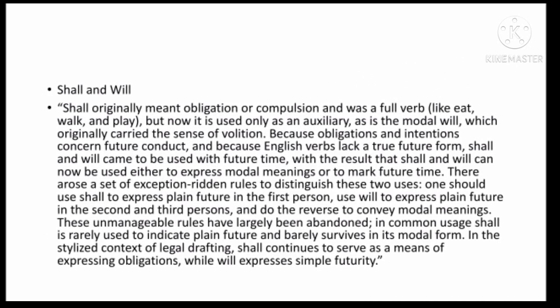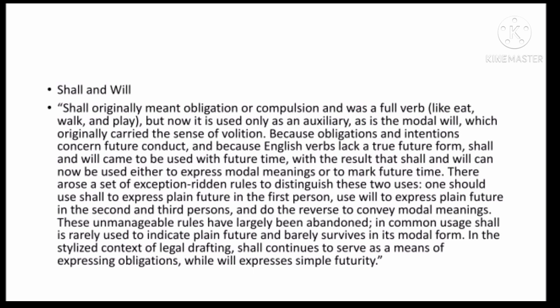Shall and will. Shall originally meant obligation or compulsion and was a full verb like eat, walk, and play, but now it is used only as an auxiliary, as is the modal will, which originally carried the sense of volition.